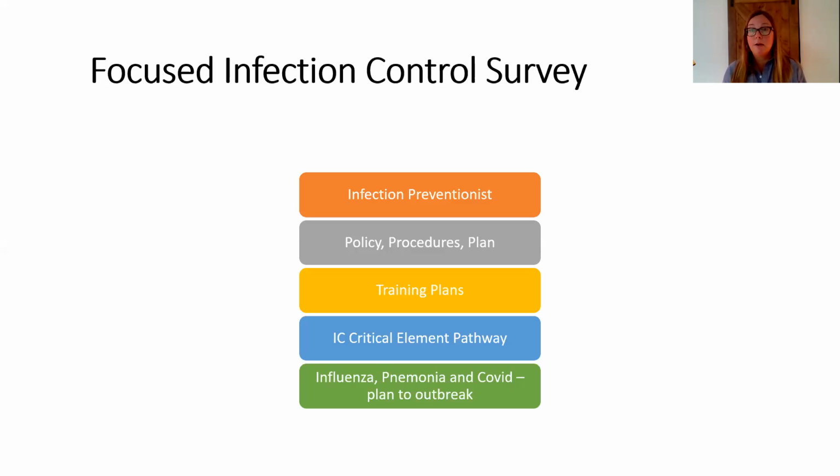What are your rates? Not just COVID-19, but other infections that you might have. Again, looking at your policies, your procedures, your plan, thinking about everything from not just your line listings, but again, cleaning, PPE, cohorting, transmission-based precautions, really seeing how everything is working in your organization.